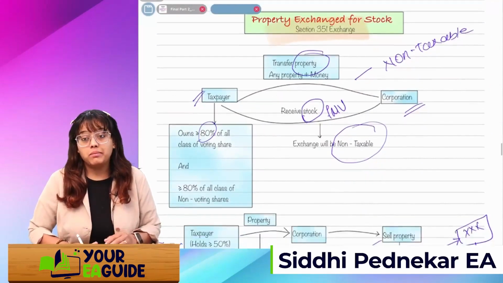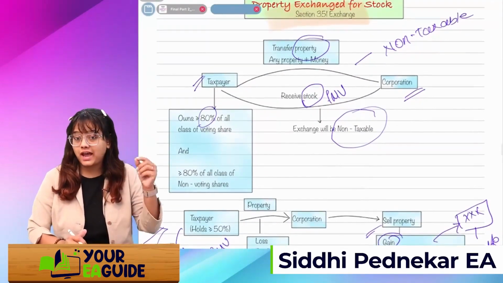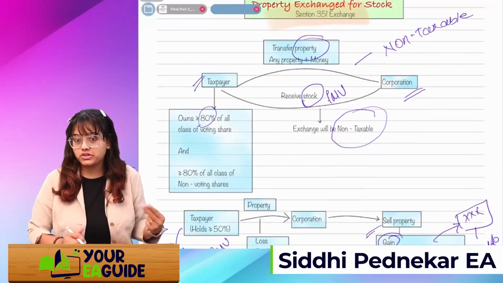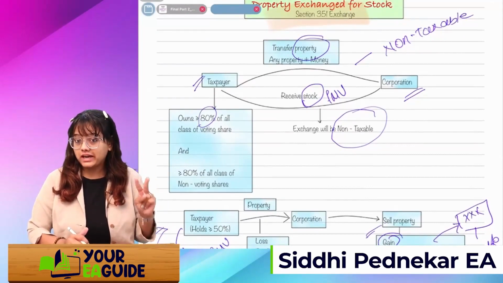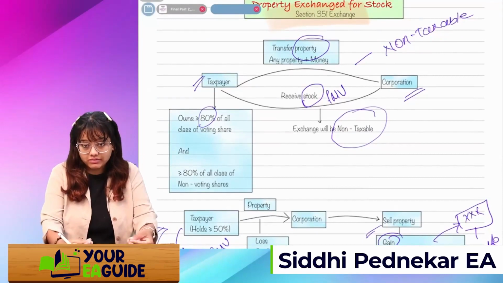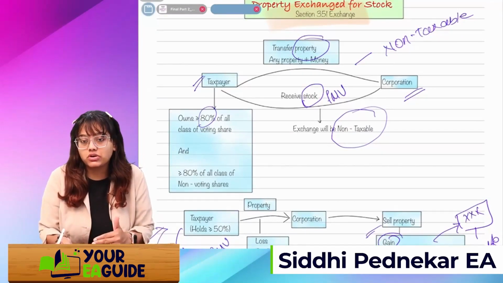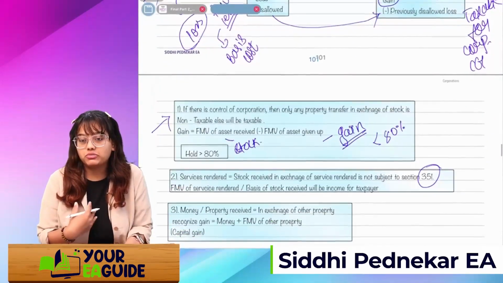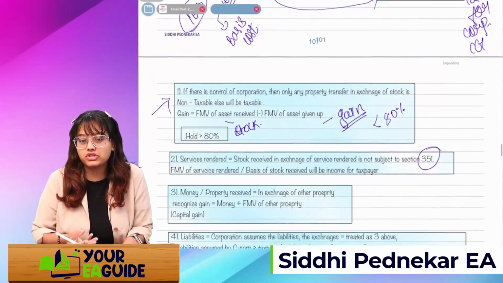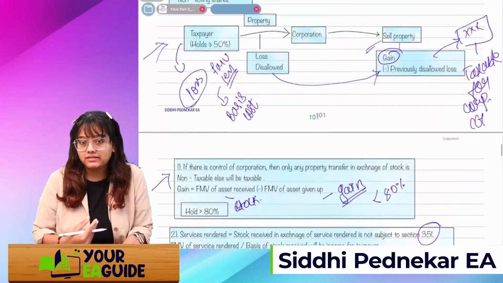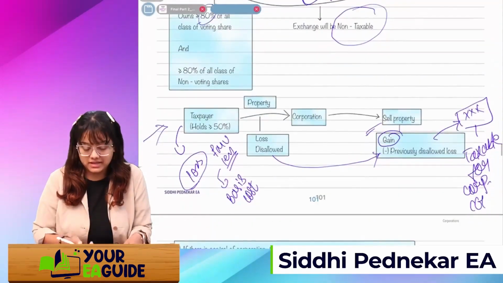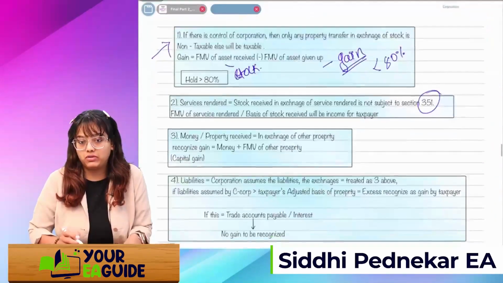Remember, in partnership we did three things: cash is contributed, services are contributed, and property is contributed. So the second thing, that is services, which the partner is contributing here, that case will not be applicable. And if I'm contributing services against which I'm receiving stock, then it will not be considered non-taxable, and this 80% rule will not apply over here.